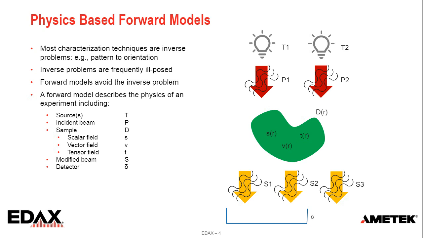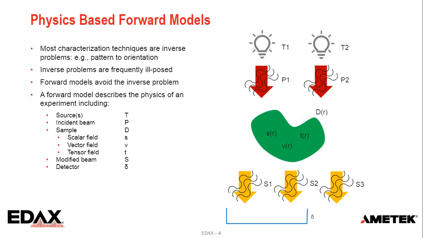So to do that, you need to model a whole sequence of physics. Starting with the source, then describing the beam that comes off of that source, your sample, which has a boundary or shape function, plus maybe a scalar value of interest like density or chemical composition, maybe a vector like orientation, or potentially even a tensor if you're doing some more advanced properties.